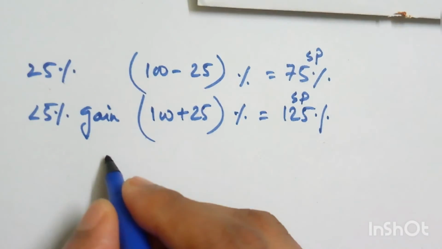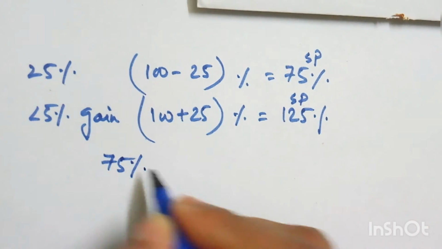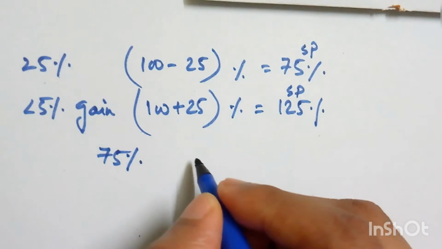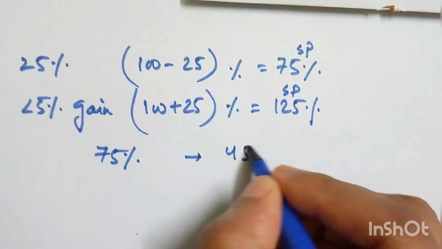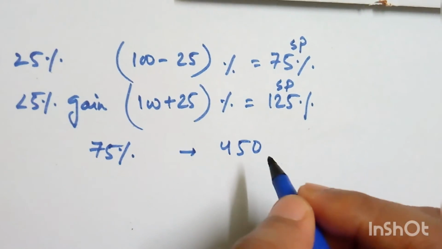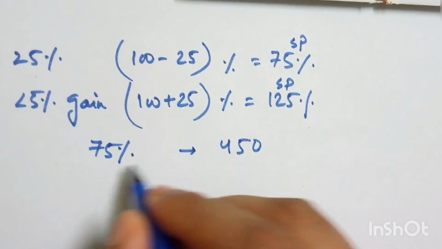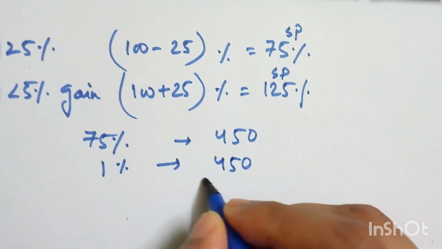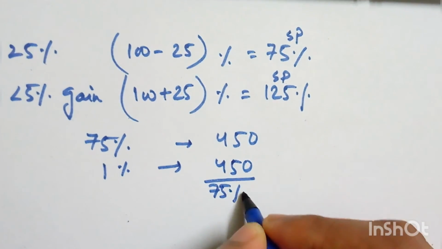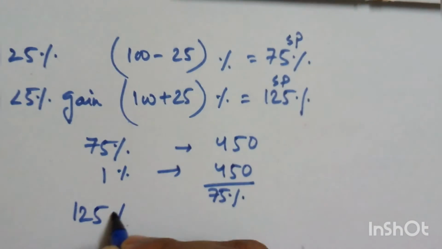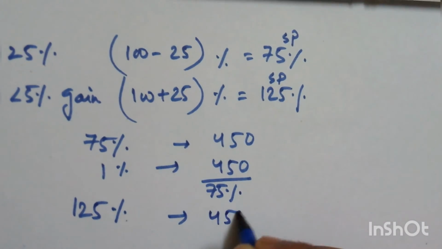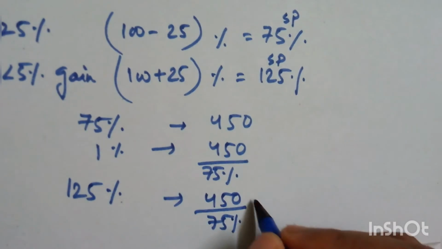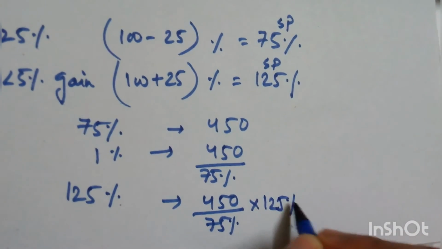So first 75%, this is the selling price. It is equal to 450. He sold the article for 450. Then 1% is 450 by 75, and 125% is 450 by 75 into 125.